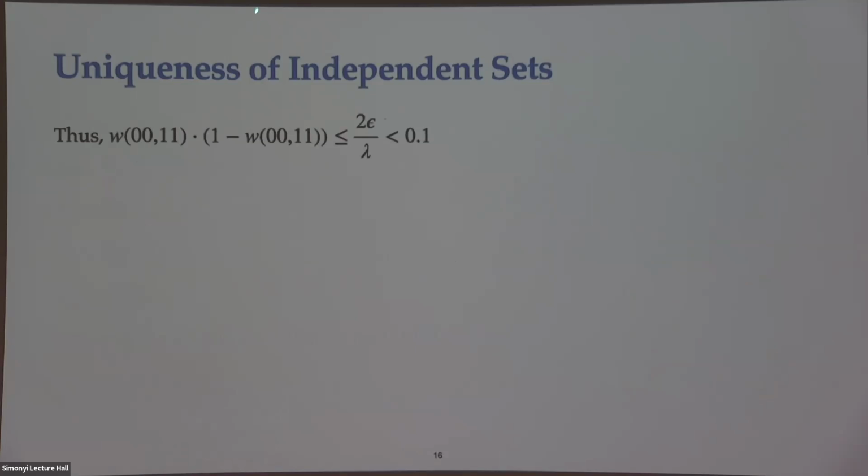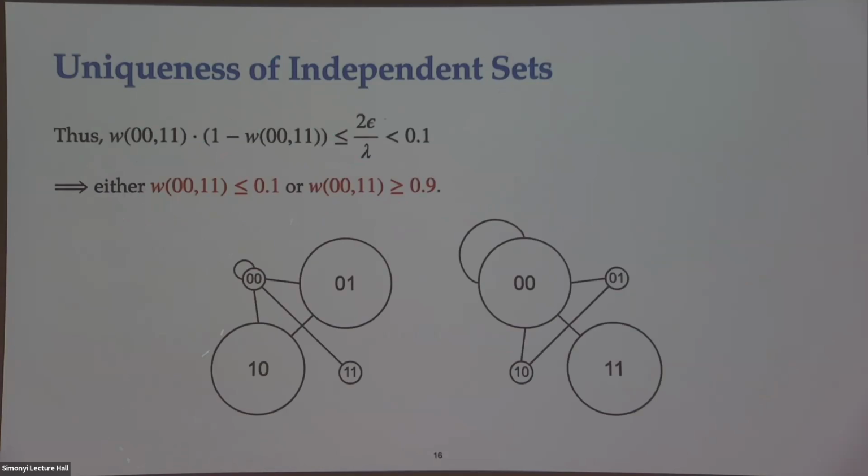But what does this mean? This means that either this has to be very small or it has to be very large, because this is a quadratic inequality. So there are two cases: either 0,0 and 1,1 is very small, or 0,0 and 1,1 is very large.